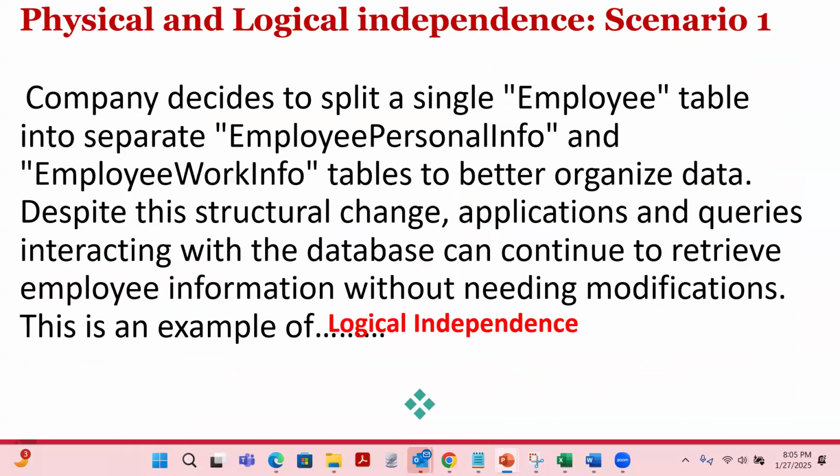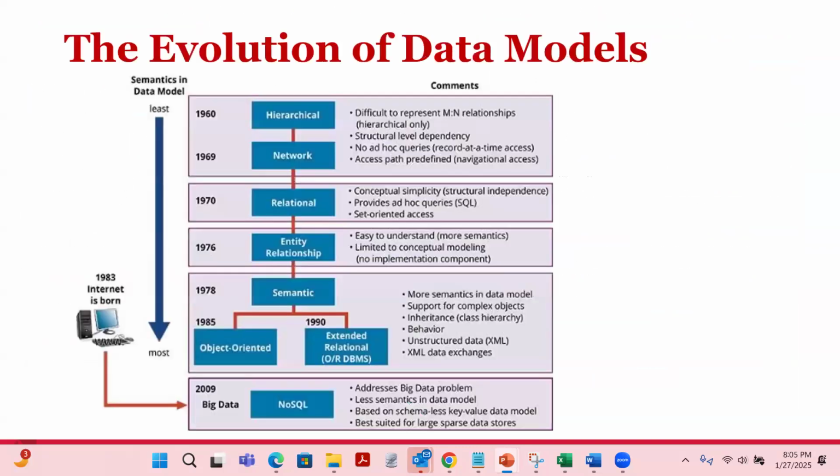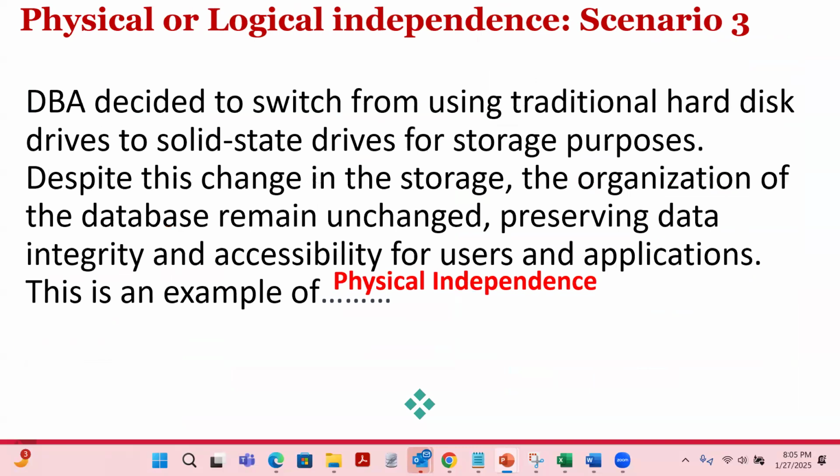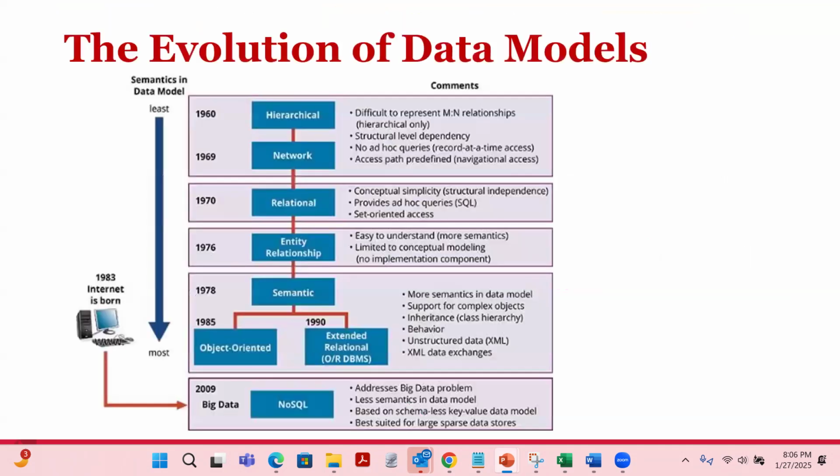Again, logical independence happens when we make changes to the internal data model without changing the conceptual data model, and physical independence is the scenario when changes to the physical data model do not result in required changes in the internal data model. Right.